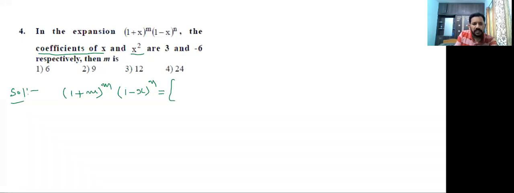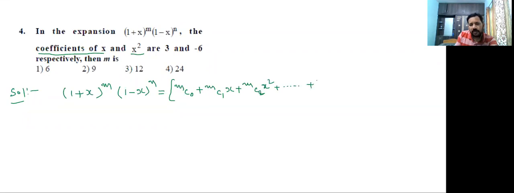First, (1 plus x) whole power m expansion. Students, how to write? This is the method: mC0 plus mC1 into x plus mC2 into x square plus and so on.